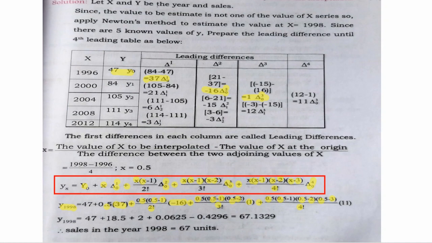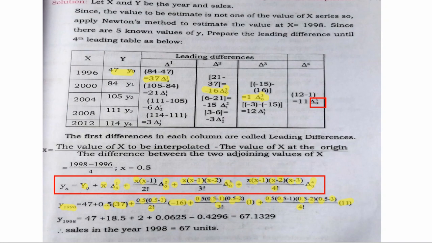Actually this is not delta naught to the power of 3, so make a correction: this is delta naught to the power of 4. That delta naught to the power of 4 value, I have taken here as 11.